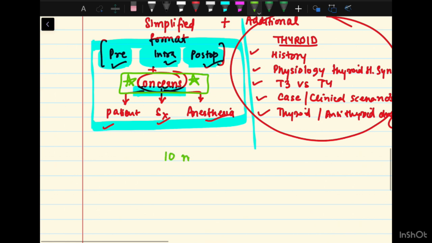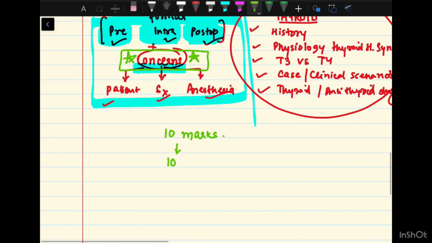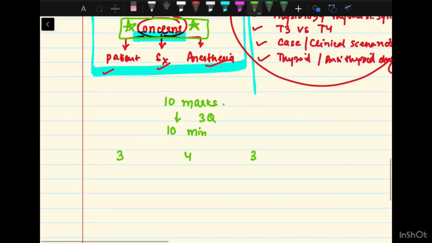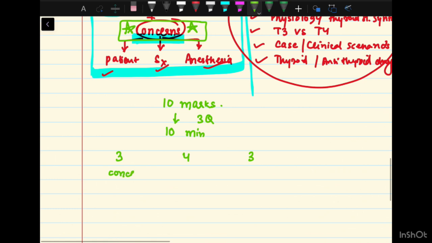I'll give you an example. I had attempted in my centups 10-mark questions, 3 questions in 10 minutes, and I got 3, 4, and 3 marks in each out of 10, and I only wrote concerns. So can you imagine, I did not write about pre, intra, and post.